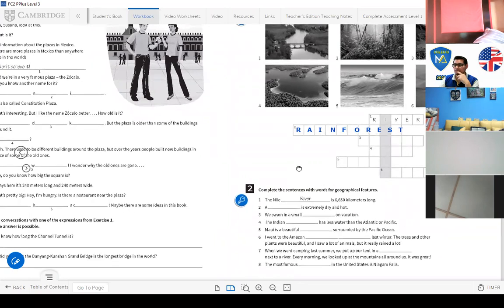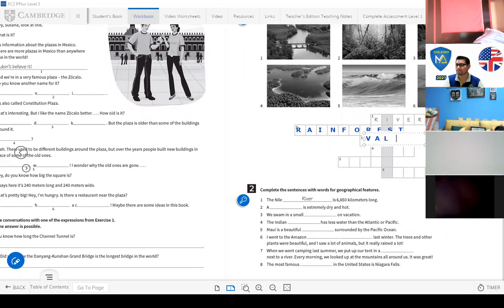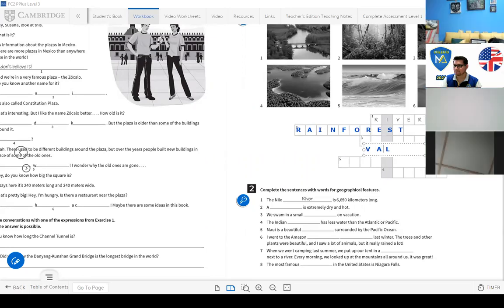Yeah. Number 3 should be the valley. So you complete here, valley, right? Let me do this to fit this, yeah? And here we use this L, E, and Y. We have the answer, valley.